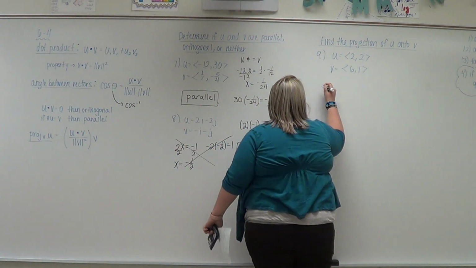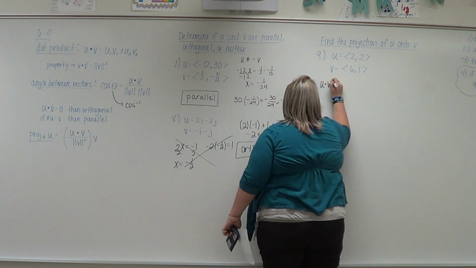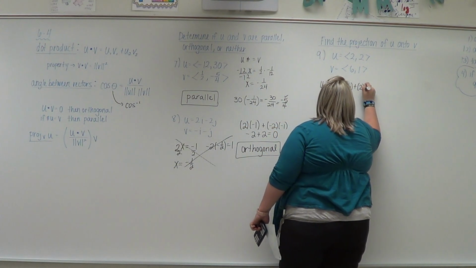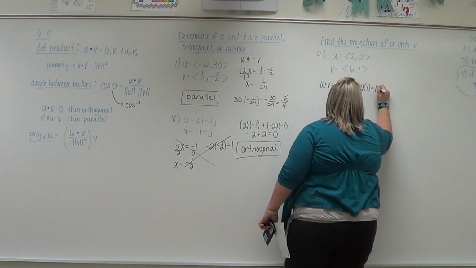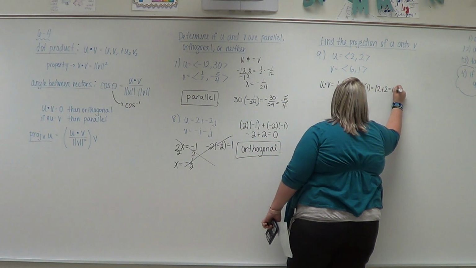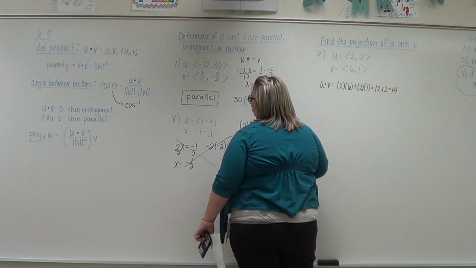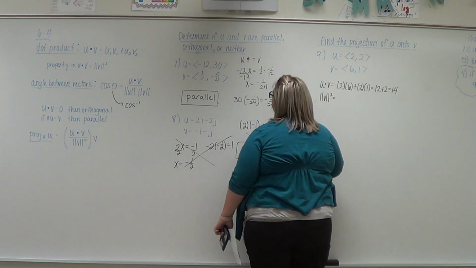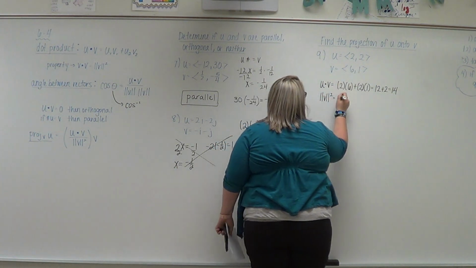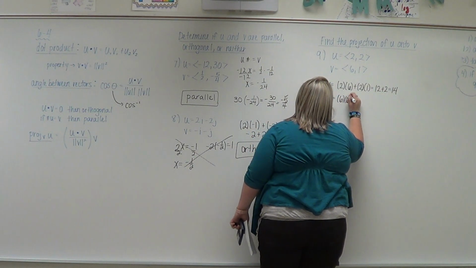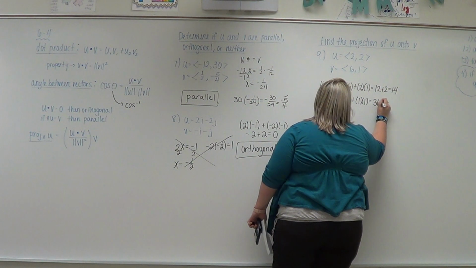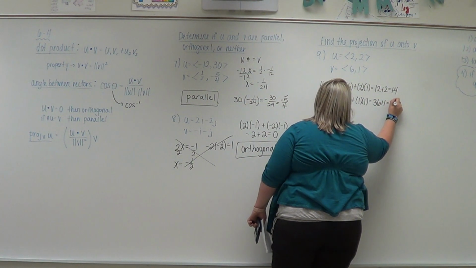So if I do the dot product, u and v, that would be 2 times 6 plus 2 times 1. So 12 plus 2, which is 14. Okay, then I want to find the magnitude of v squared. So that means I'm just going to do the dot product with v. So that would be 6 times 6 plus 1 times 1. So 36 plus 1, which is 37.